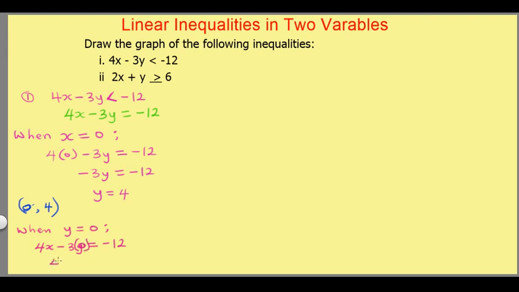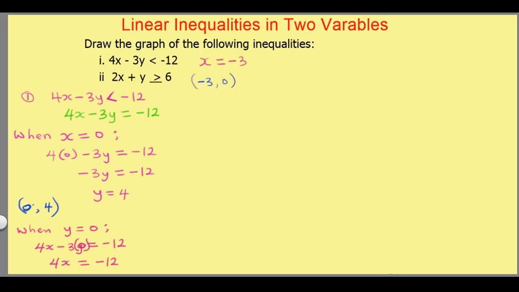Then we have 4x equals minus 12. Divide both sides by 4, we have x equals minus 3. So for this, we are saying when x is minus 3, y equals 0.